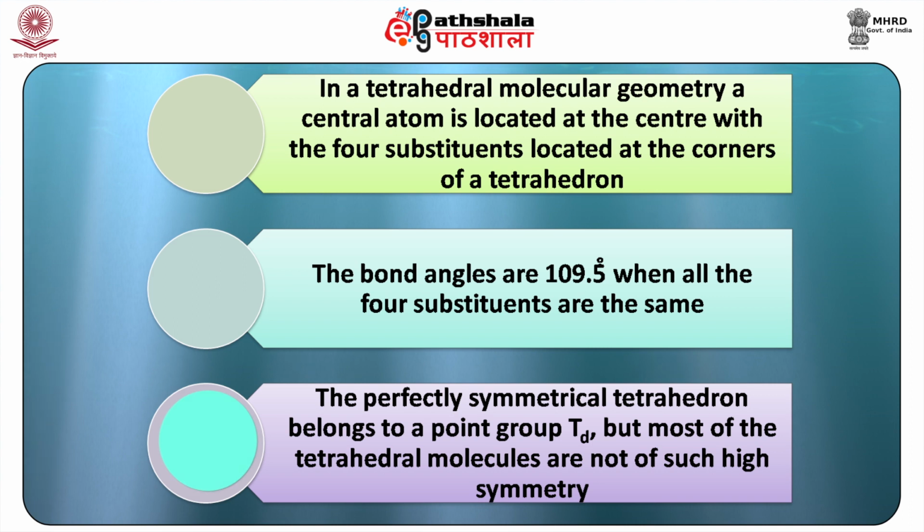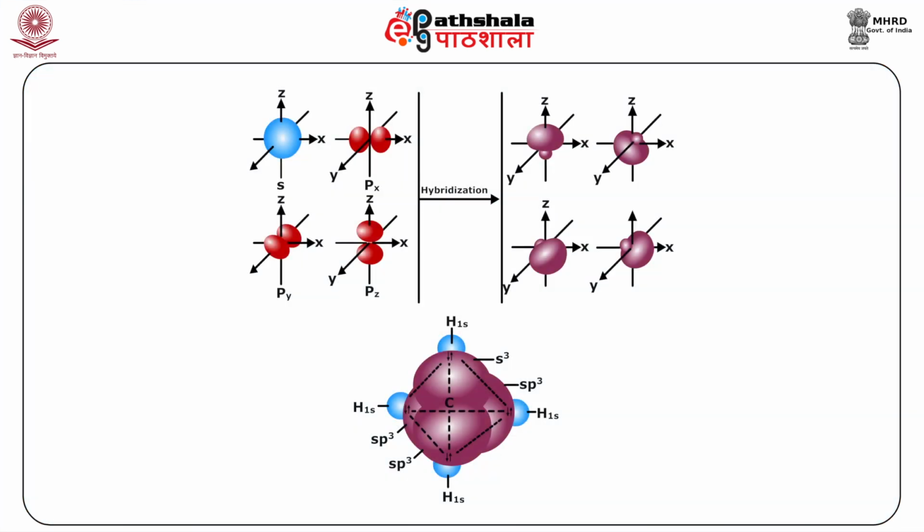high symmetry. One of the most common examples of tetrahedral geometry is a methane molecule, having four equivalent covalent bonds between the central atom and the four hydrogens.